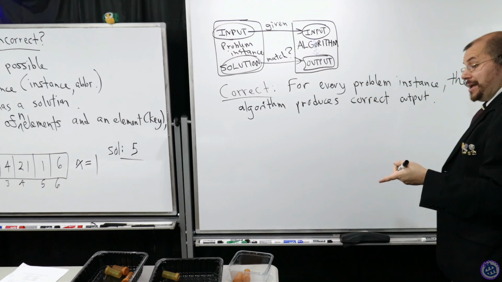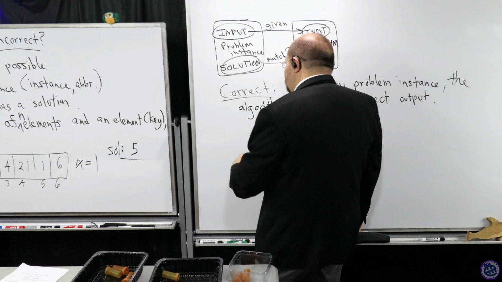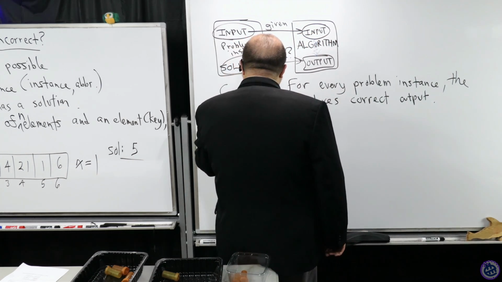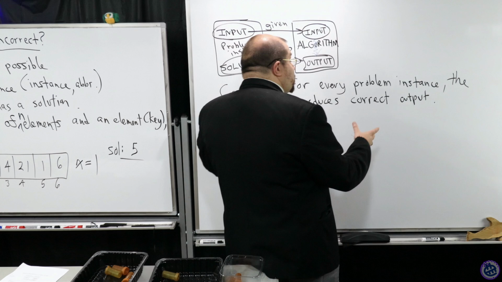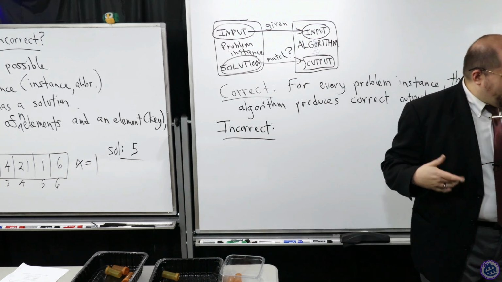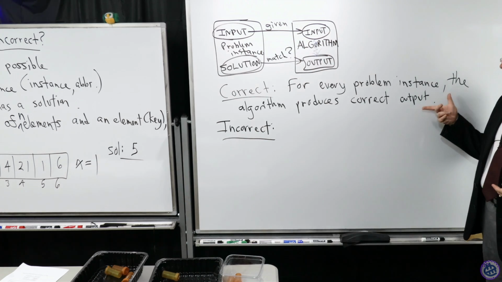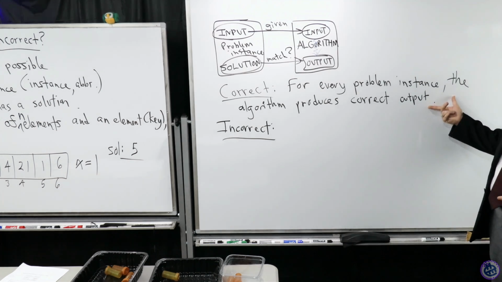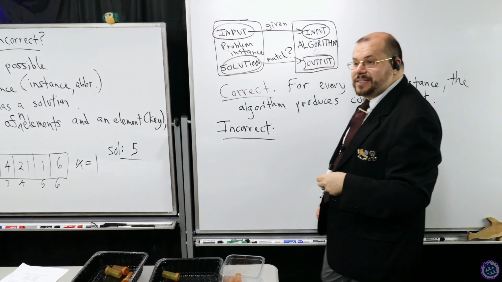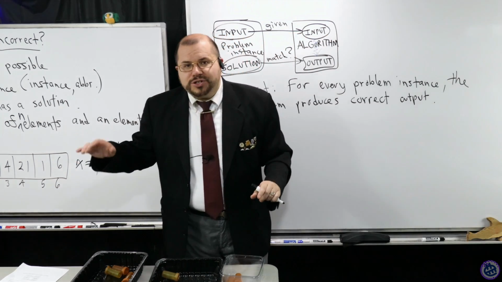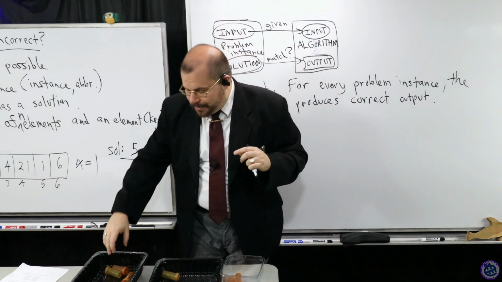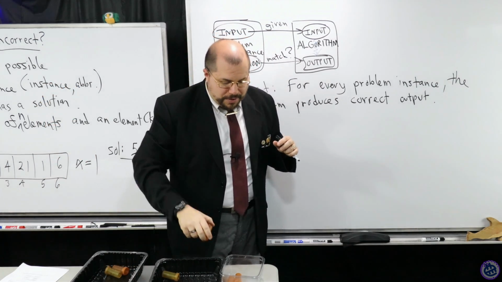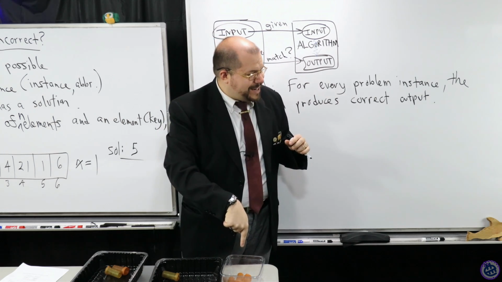But what does it mean, what I just said? An algorithm is incorrect. Let's flip the logic of this. So for those that have some background in logic, you're going to look at the statement and be like, oh, Dan, it's really easy to negate this statement. But let me walk you through it. It's actually the same process we just did over here. Remember, I told you every one of the dots, I should be able to pick up any one of the problem instances. If the algorithm produces correct output, it goes in this bucket, right? It goes ka-ching.